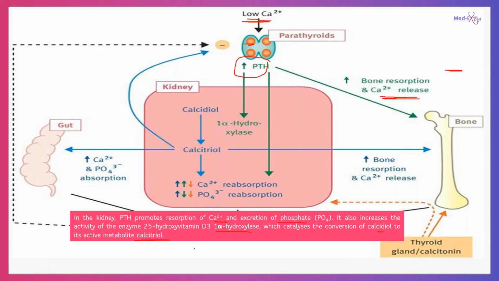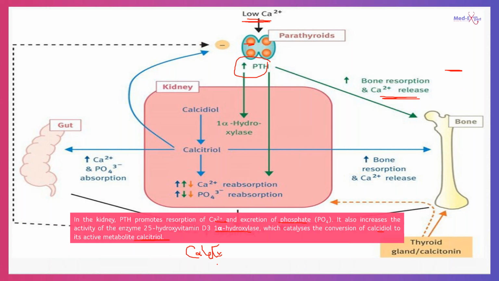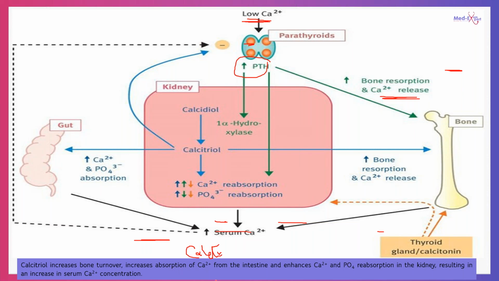And now we have the active form, the calcitriol. What will the calcitriol do to help in that part? First, it increases the bone turnover and also increases the absorption of the calcium from the intestine and calcium and phosphate reabsorption in the kidney, resulting in an increase in the serum calcium concentration.